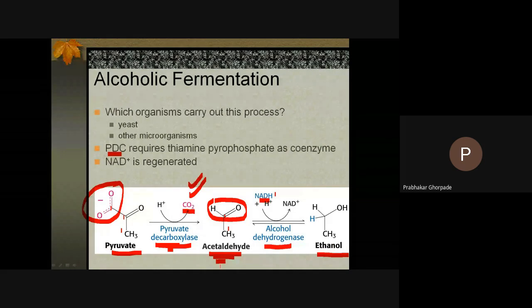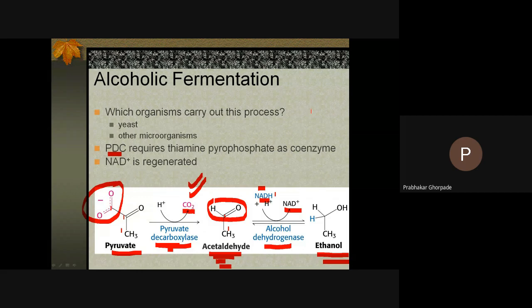Now from acetaldehyde we got ethanol. What happened with this NADH? Once it loses the hydrogen atom, we get the NAD plus molecule. So that is the alcohol fermentation. What alcohol is producing, it is producing in a process like this.